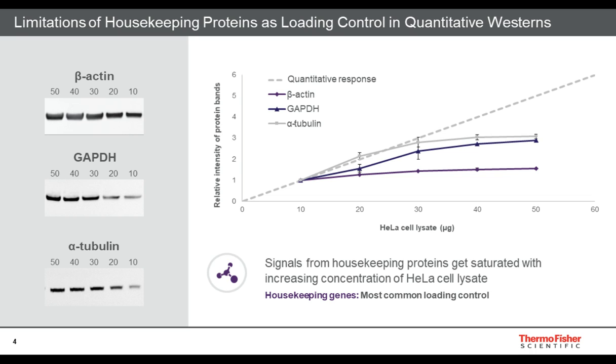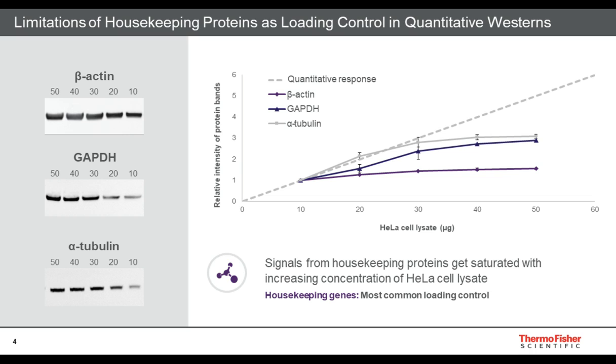Since there is a linear increase in protein concentration from 10, 20, 30, 40 to 50 microgram, we should expect a linear plot when quantitating signals. The ideal linear response is represented by the gray dotted line on screen here.